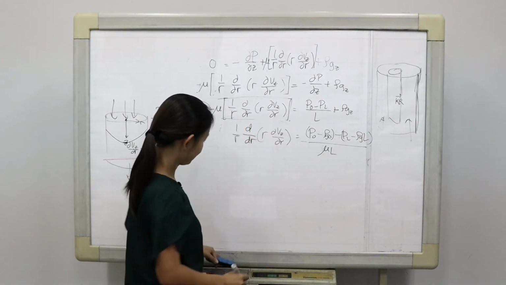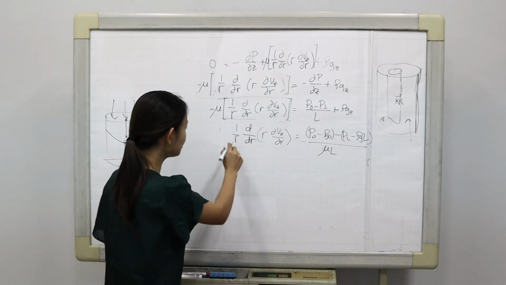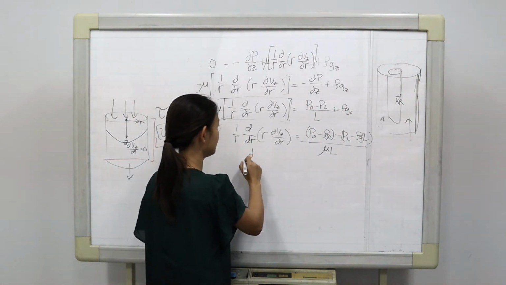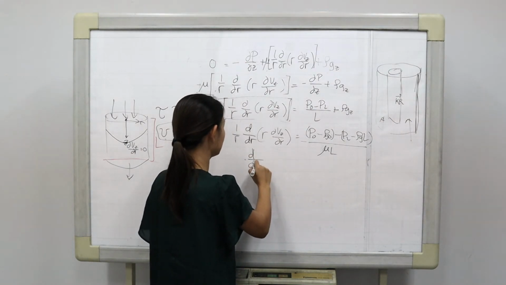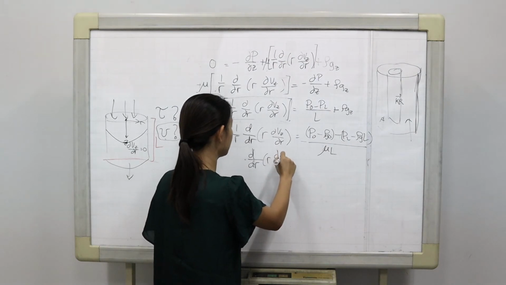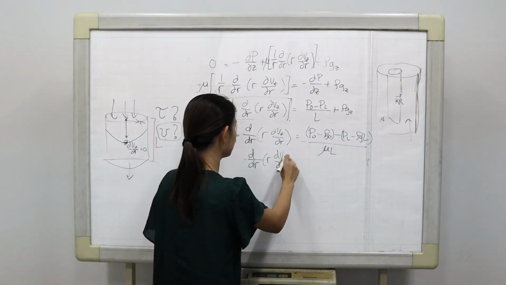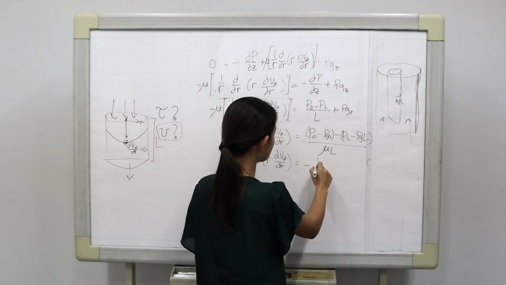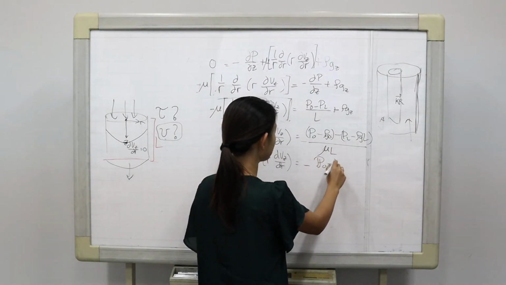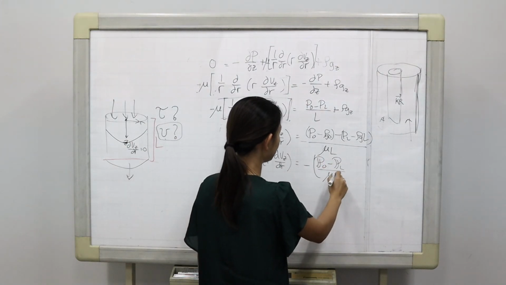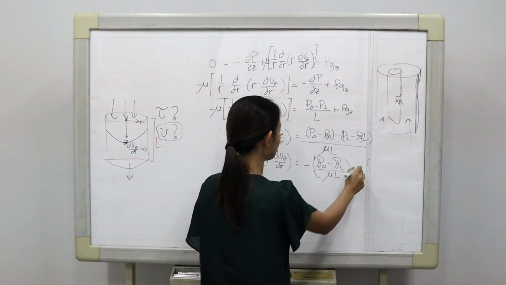Okay, next move the r over there. That will give me minus modified pressure 0 minus modified pressure L divided by mu L times r.